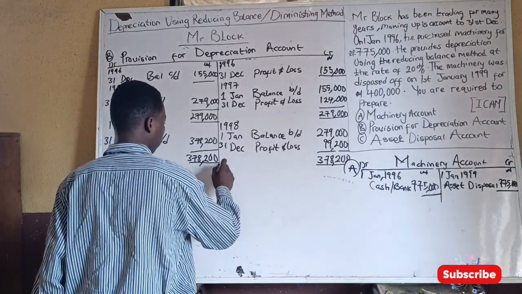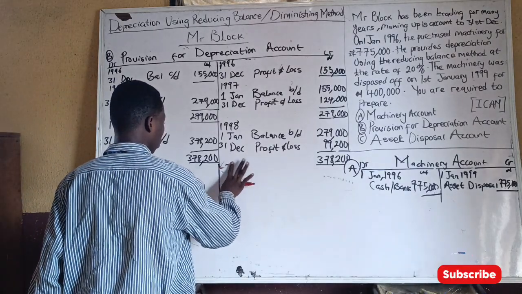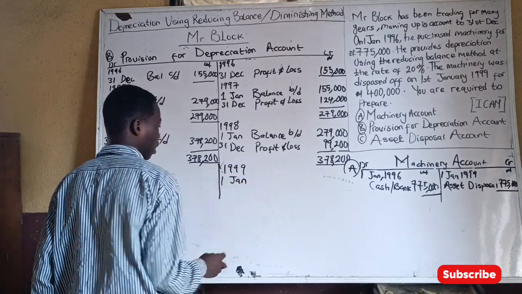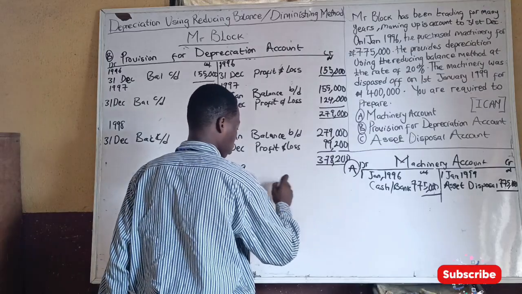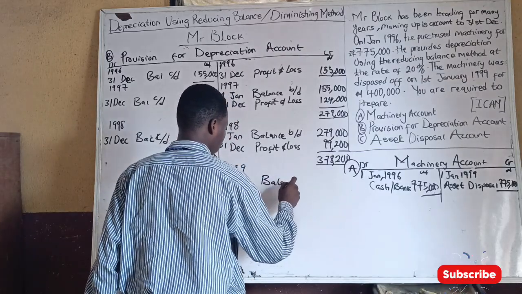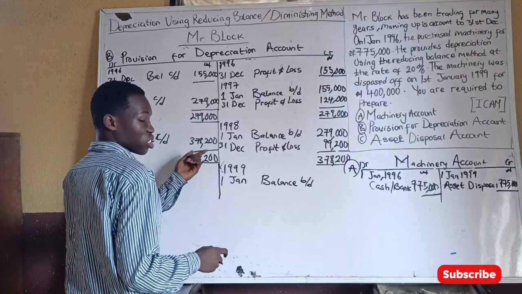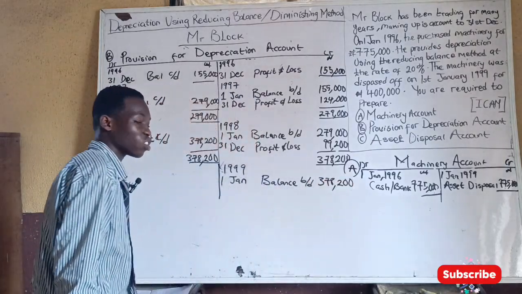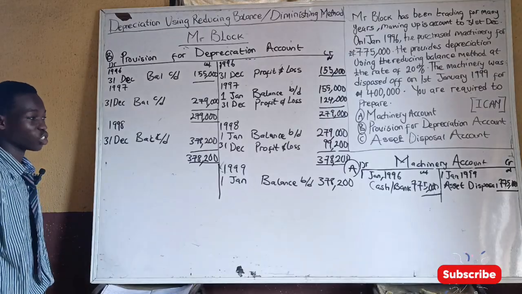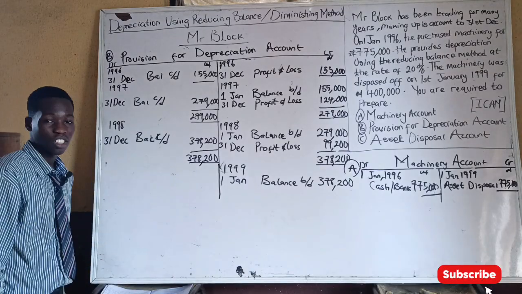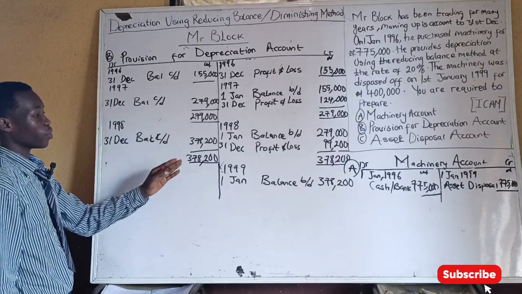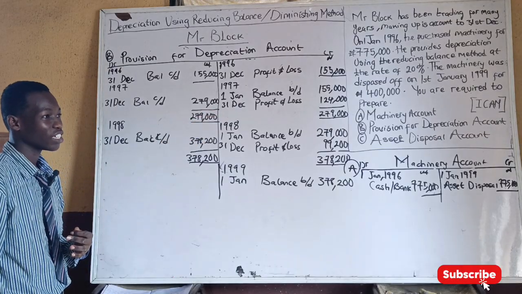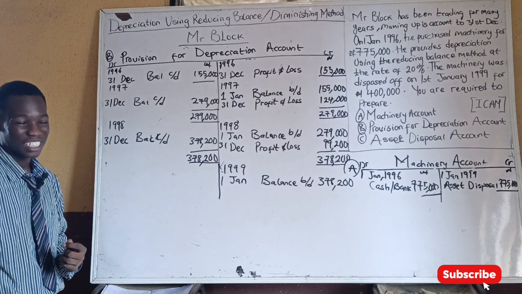So we are going to have 1st of January 1999, the balance brought down, which is 378,200, and this is telling us about the accumulated depreciation, the total depreciation we charged for the years before the disposal of the asset.